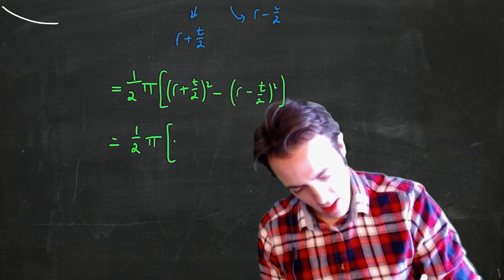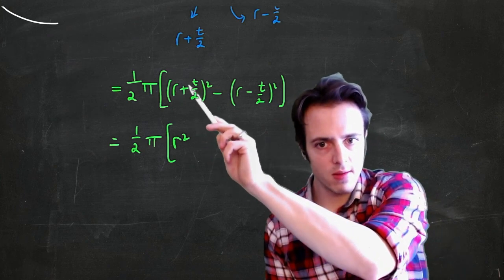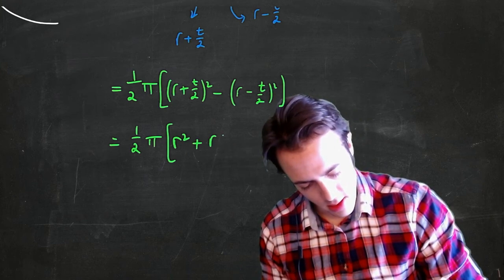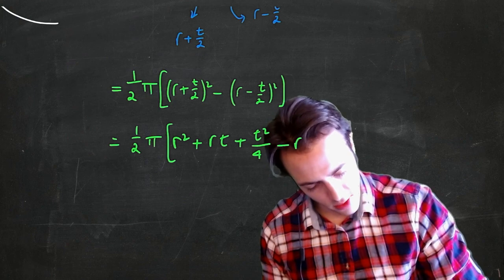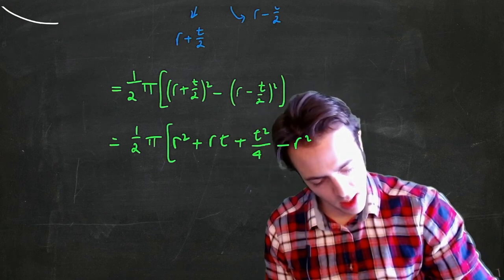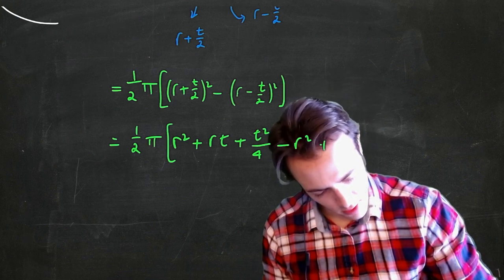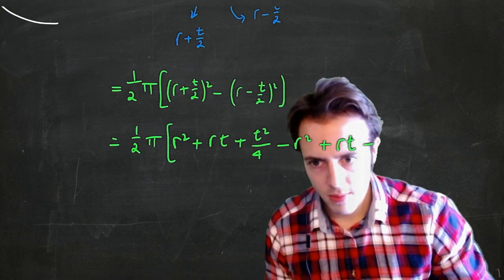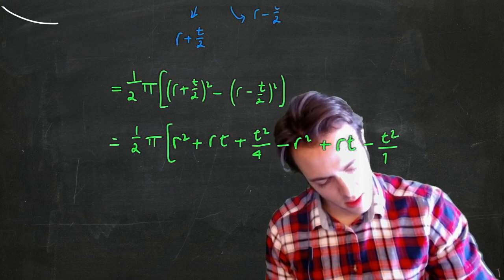Half pi (r squared plus 2rt on 2, so plus rt, plus t squared on 4, minus r squared, and then with two minuses becoming a plus, plus rt, minus t squared on 4).